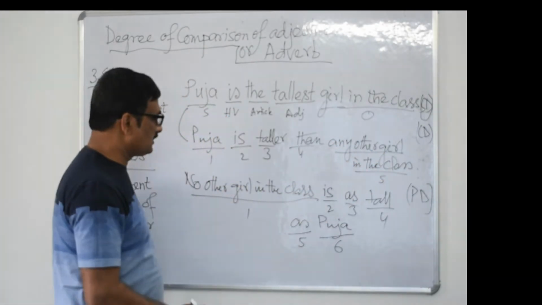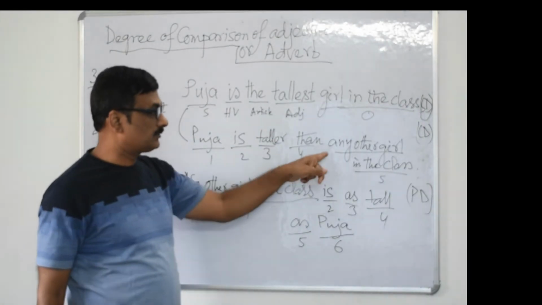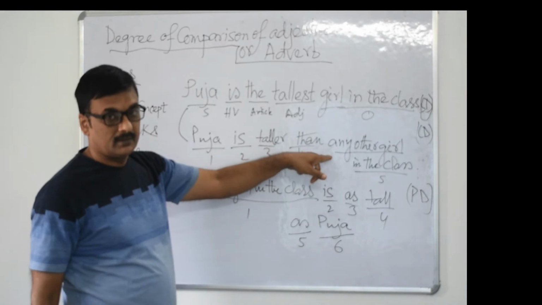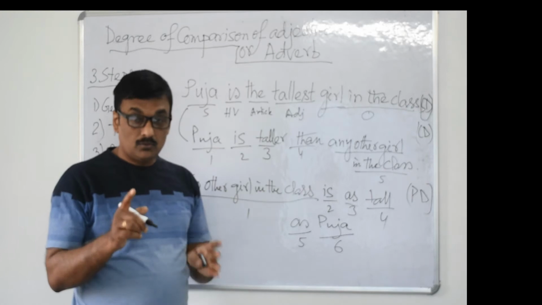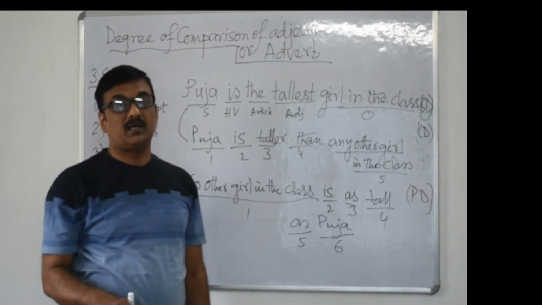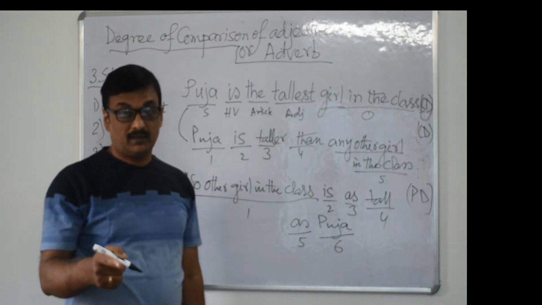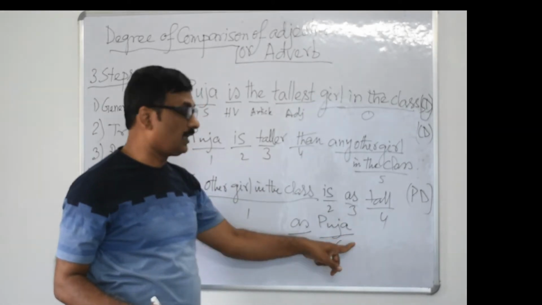Next, positive degree, what is the rule? At first, "no other girl in the class", according to the question, because the comparison is: no other girl in the class is as tall as Pooja is, or as Pooja. Now the helping verb, as I said, as tall as Pooja.